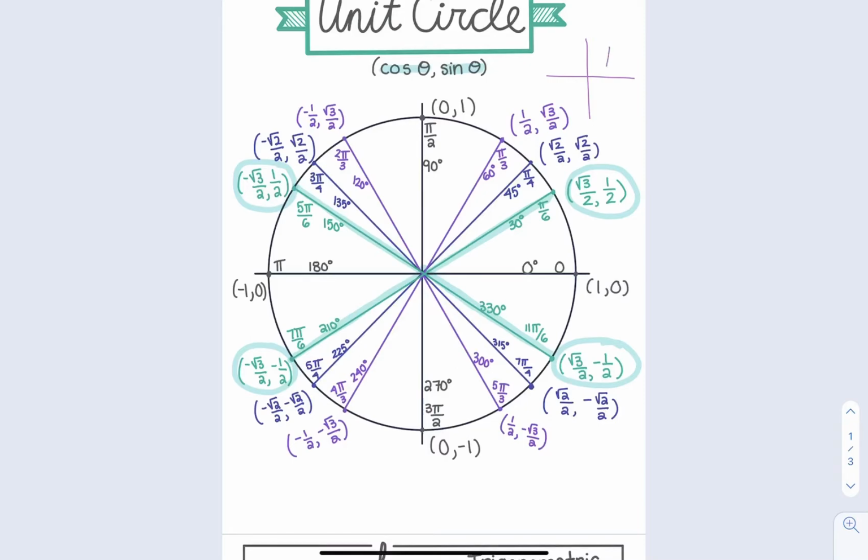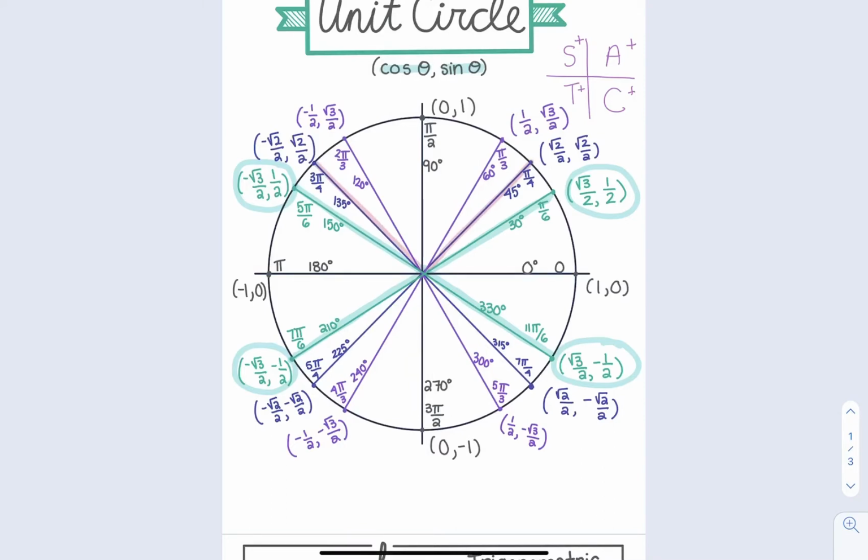So remember, All Students Take Calculus tells us where they're all positive, where just sine is positive, where tangent is positive, and where cosine is positive. So that's why this set is really nice for us to figure out cosine and sine if we know the reference angle.